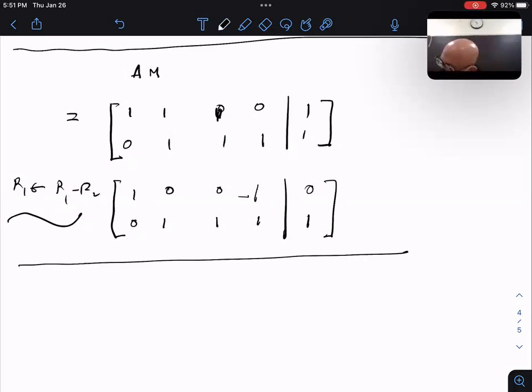So that means W is equal to WXYZ. So W is equal to Z. And this one is Y, right?